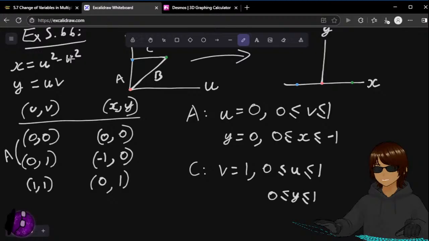Now v over here is 1, so we have -1. x goes from 0 to -1, right? -1 here. Okay.